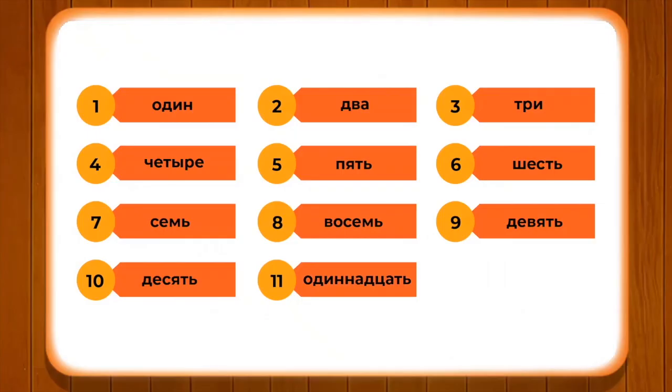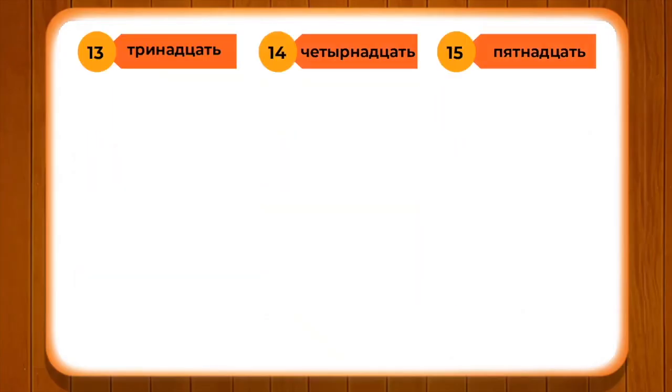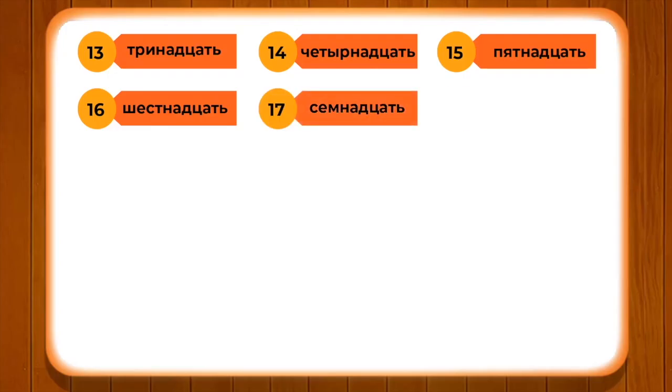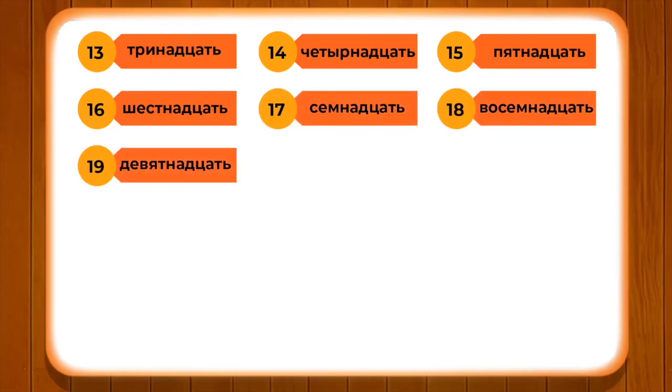So now we will go to 11. 11 in Russian is 11. Then we have 12, 13, 14, 15, 16, 17, 18, 19 and 20. So from 11 to 20 we have counted, and then let's see how we count 21, 22 and further.